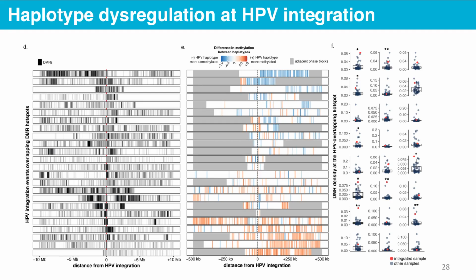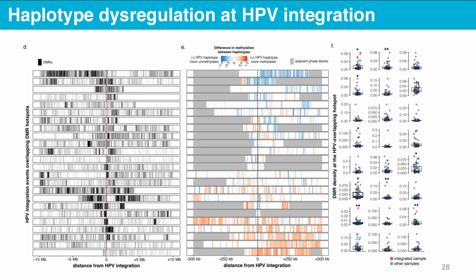This shows the density of DMRs across this region, and you can see that the actual placement of the DMRs can differ between integration events. For example, you can see quite clearly a focal hotspot around HPV in the third row, the third integration event listed here.